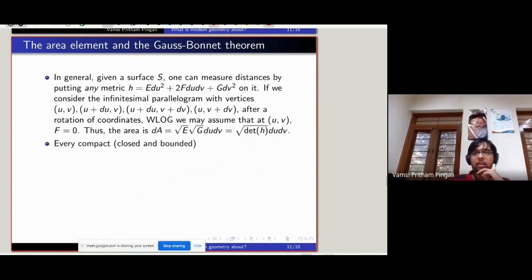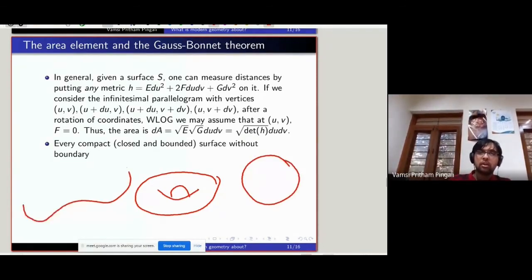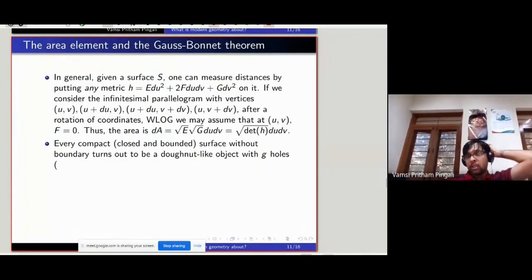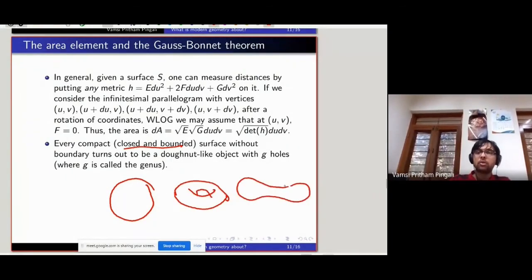Now, every nice surface without boundary, things like this, the sphere, and so on, turns out to be a donut-like object with g holes, meaning every surface you can think of which satisfies some restrictions is either a sphere or a donut or a double donut or a triple donut and so on.